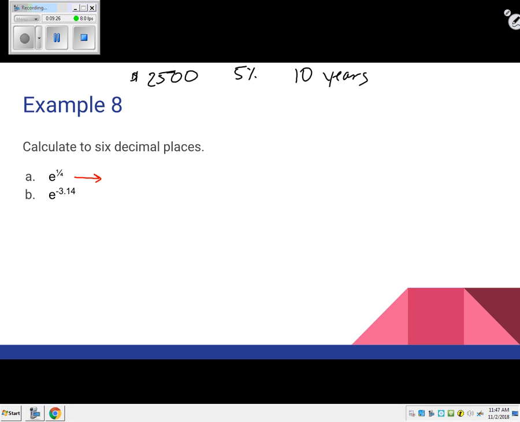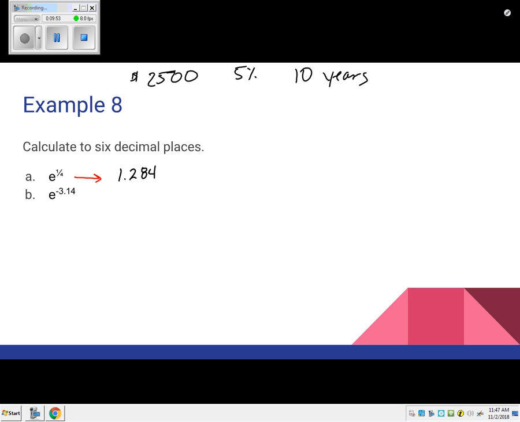I'm not wanting to hit the letter e, but rather the number e. On mine, I'm hitting second e, and it's going to automatically ask what exponent I want to put on that e. The exponent I want to put on this one is 1/4. So I hit the 1/4, and I get 1.284. I'll just leave it to 3 decimal places like we did in yesterday's video.